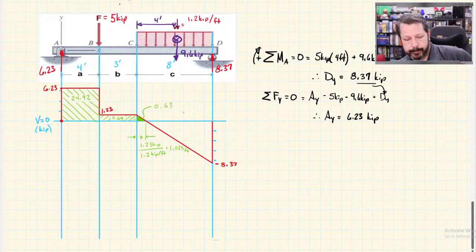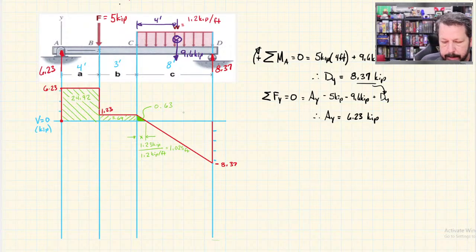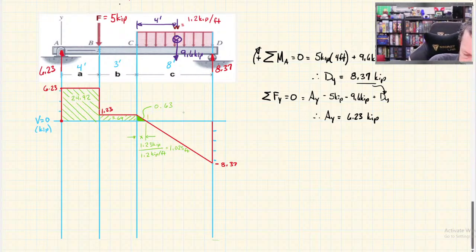Kip feet. And then the last one, if the base of the little green triangle was 1.025 feet, the base of the big triangle is 8 minus 1.025, so 6.975 feet, times the height of negative 8.37.